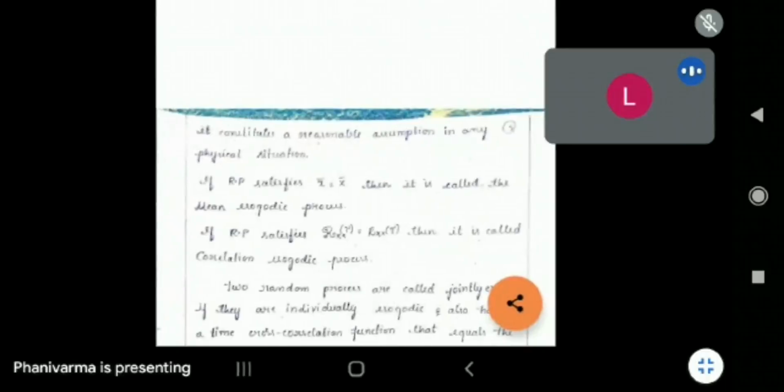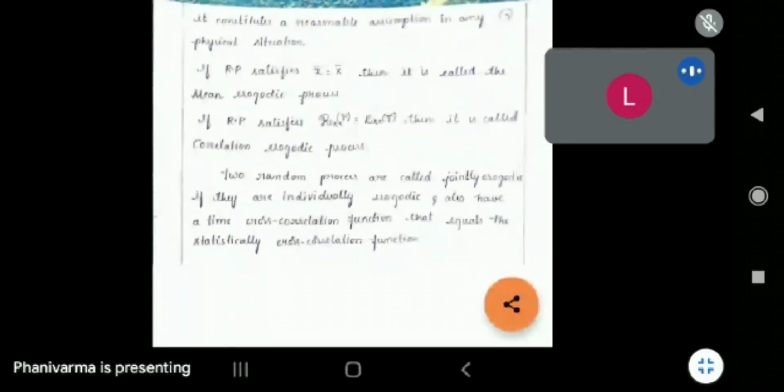Ergodicity is very restrictive compared to stationarity, and it may be difficult to prove that it constitutes a reasonable assumption in any physical situation. If a random process satisfies x bar equal to capital X bar, then it is called a mean ergodic process.